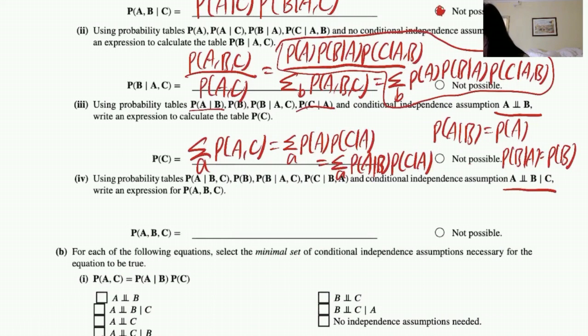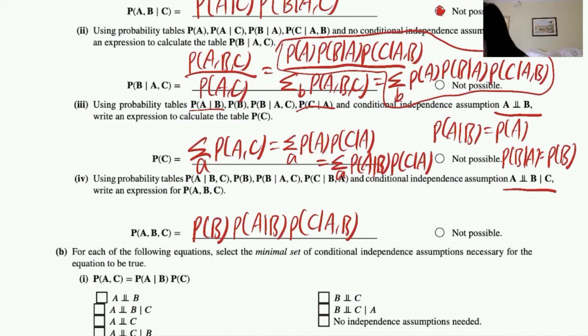Then let's see. To make the best use of the probabilities given in the description, it should be probability of B multiplied by probability of A given B, then the probability of C given AB.